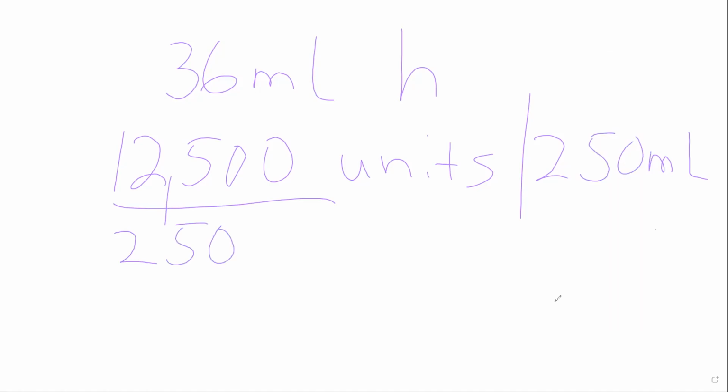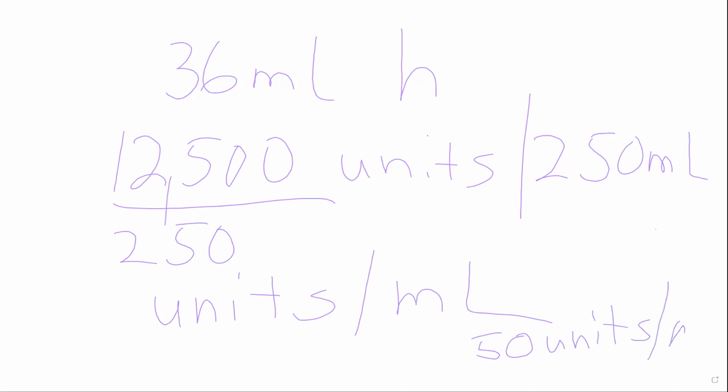And that is going to tell us how many units we have per each ml. And you should have got 50. So we have 50 units for every ml. So now, if you have 50 units per every ml and you're running 36 mLs, then you're going to take your 36 times 50.